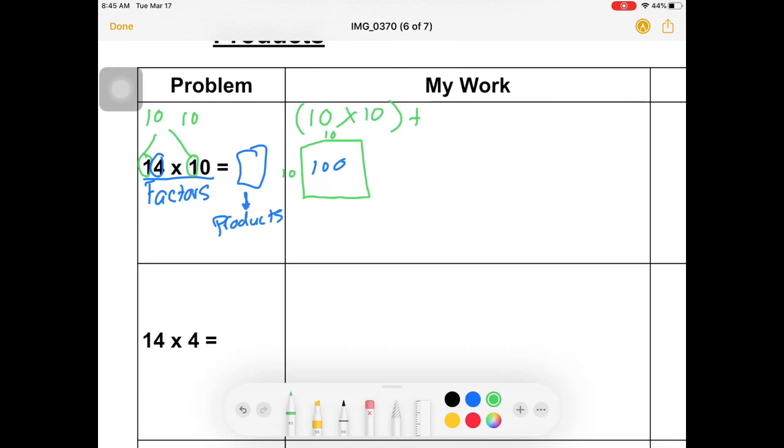I could be adding my 4 times 10 as well, because I'm splitting up the tens from the 14. So I took my 14 and I split it up into a 10 times 10 and a 4 times 10, which I'm going to add down here.